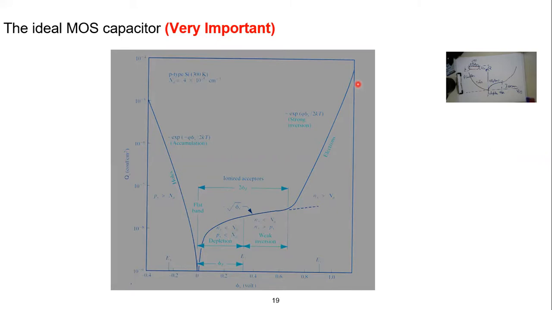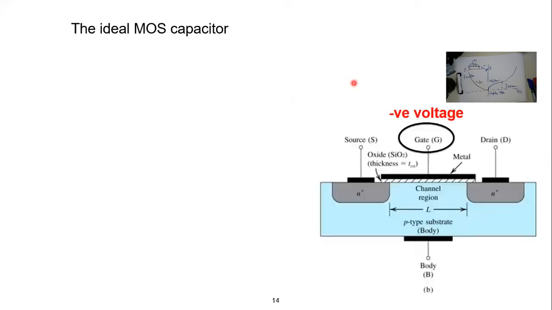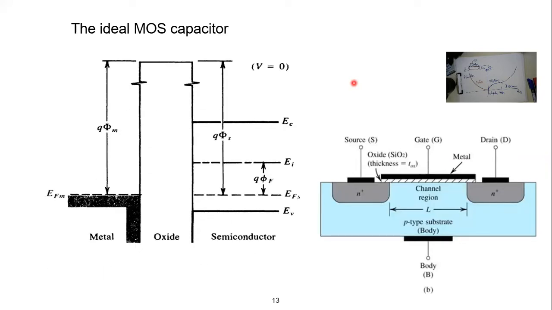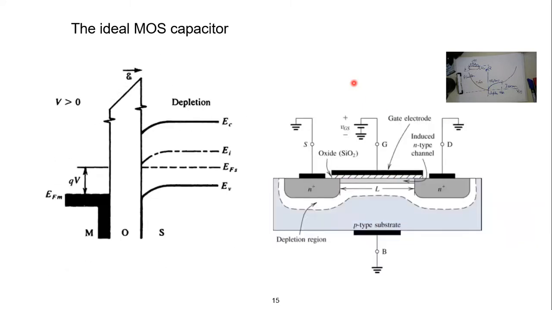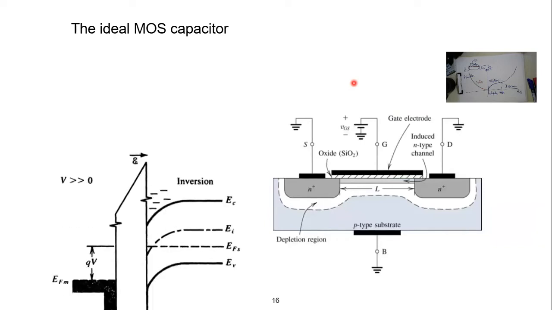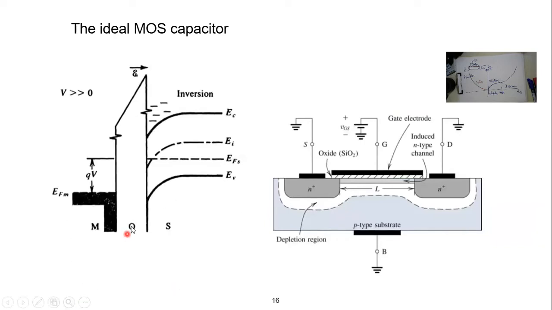So this is the complete story from the energy bandgram perspective, considering the metal oxide semiconductor, either in the accumulation, the depletion, or the inversion, where you already have an N channel created.